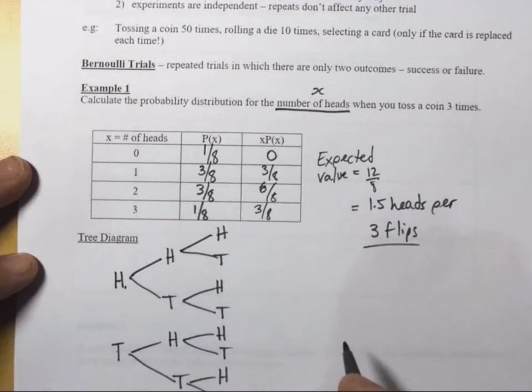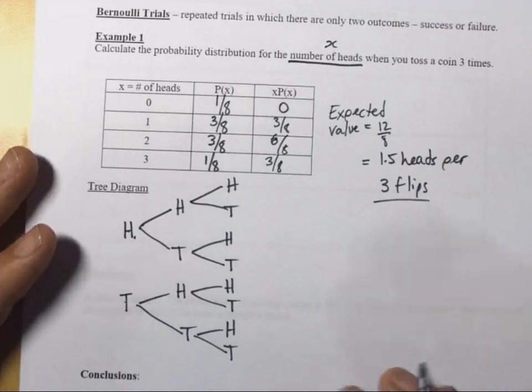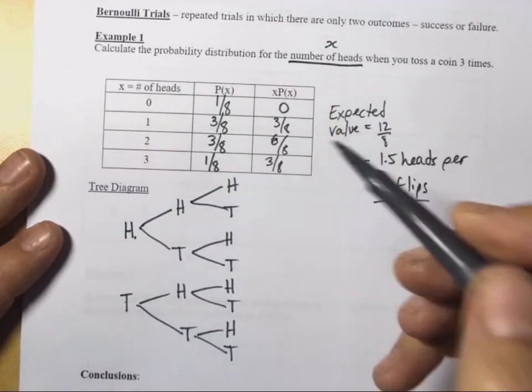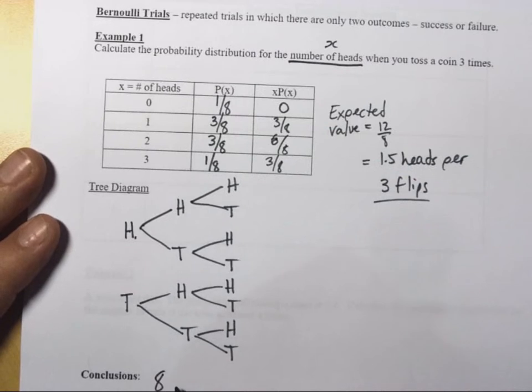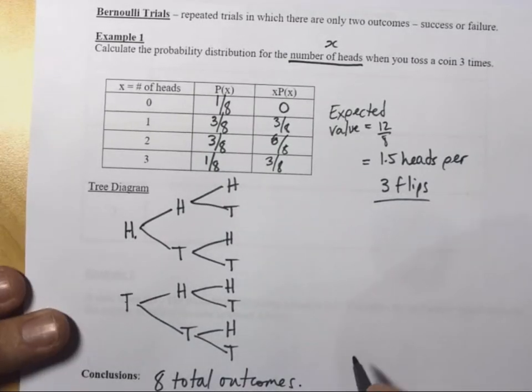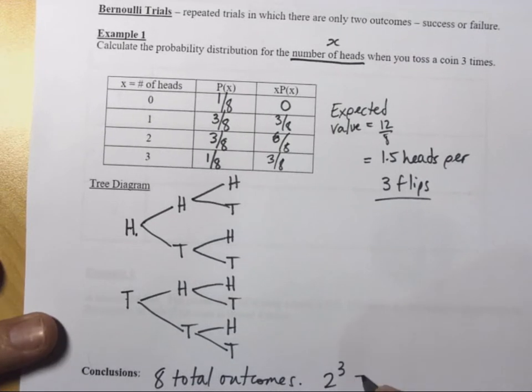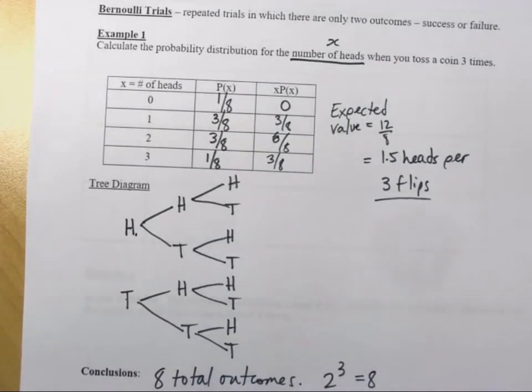Next. Conclusions. What do I notice about the patterns here? I know that there are 8 total outcomes, which, by the way, is 2 to the 3 equals 8 outcomes, right?